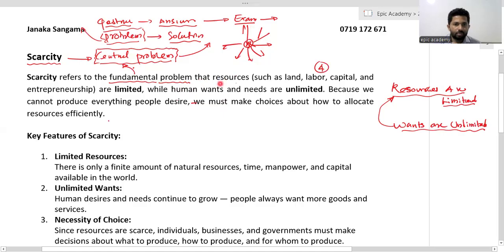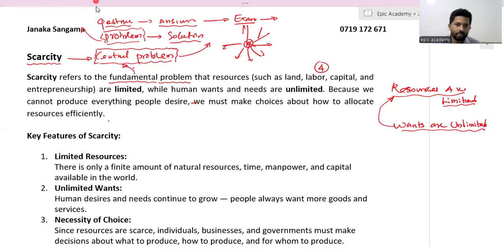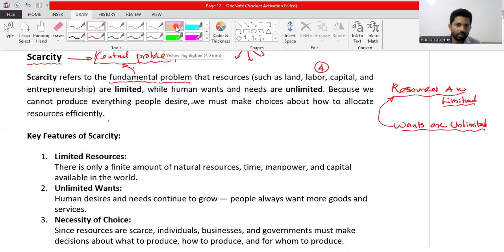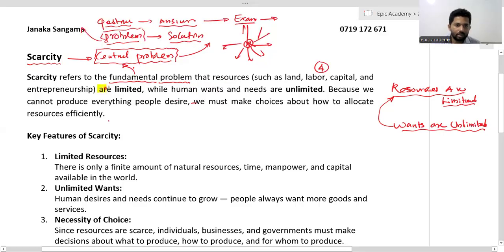The problem is that resources are limited while human wants and needs are unlimited. We know that wants are unlimited, but we can say that needs are limited.